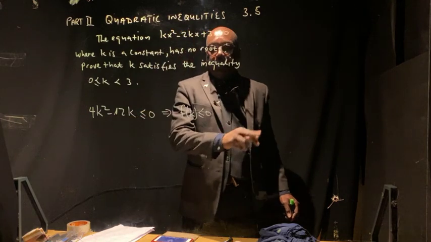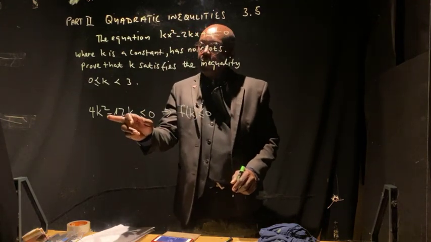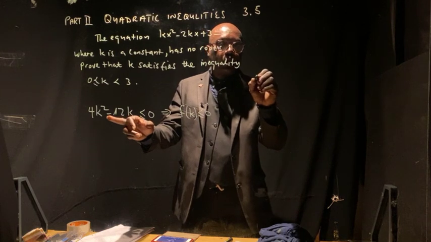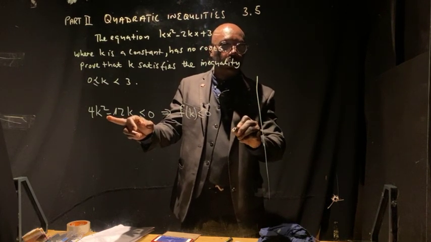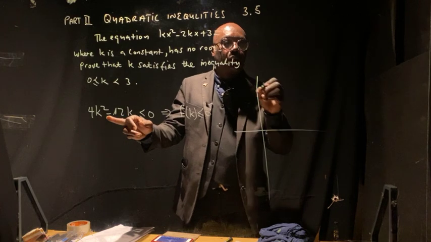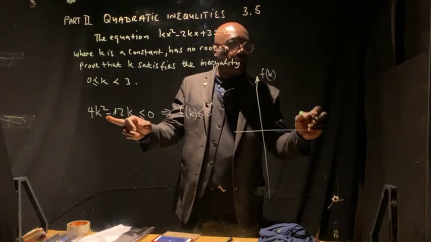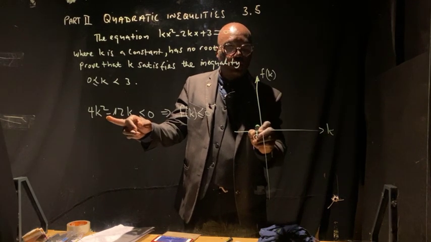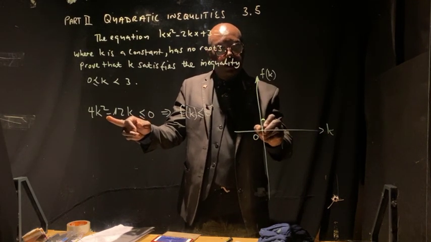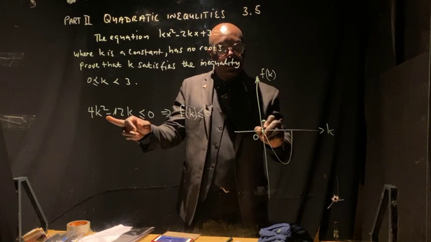Picking up from where we left. The graph of this quadratic equation will be where this is f of k and this is the k-axis. This is the origin, so the curve passes through the origin and comes here.